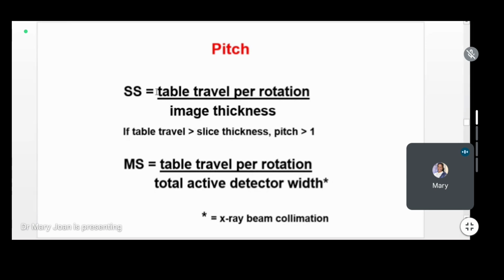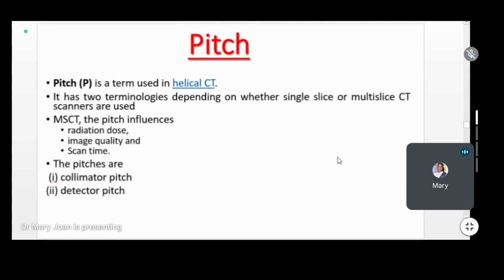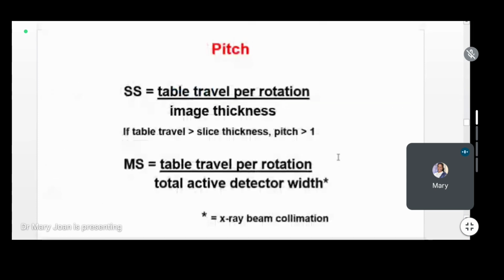For single slice, it is the table travel per rotation divided by the image thickness. If table travel is greater than slice thickness, pitch is greater than 1. For multi-slice, it is table travel per rotation divided by total active detector width. This corresponds to the X-ray beam collimation. The total active detector width corresponds to the X-ray beam collimation.